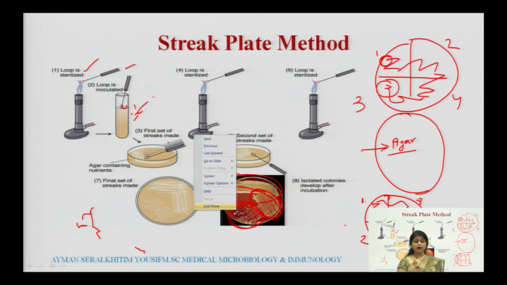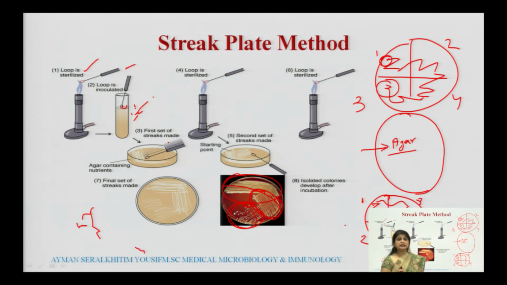Those isolated colonies will contain a single species of microorganism, and when we pick that colony and add it into fresh media, a new culture will be generated containing a single type of microorganism. So, each and every colony isolated like this always contains a single species. In this way, by the streak plate method we can obtain pure colonies.